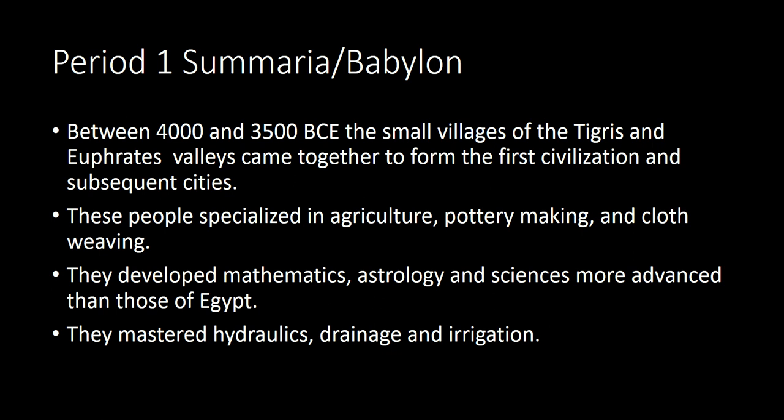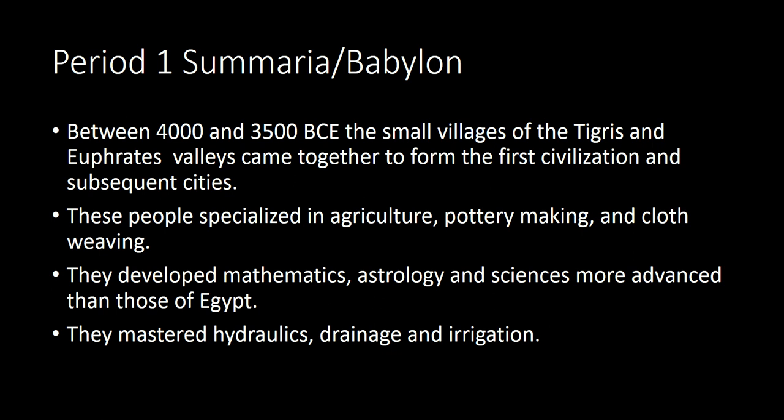Then there was an industry that evolved around weaving and cloth making. And what's important is that those things you're going to see evolve into their art forms and into their architecture.